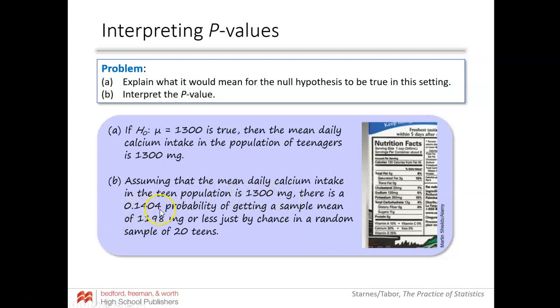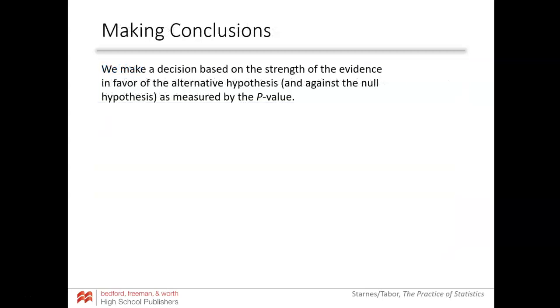There's a p-value probability of getting a sample mean of, here's the x-bar, the average they got, or less, just by chance in a random sample of 20 teens. Now, I don't think they're going to ask us to take this further to determine whether this is convincing evidence or not. That'll come later, I guess.